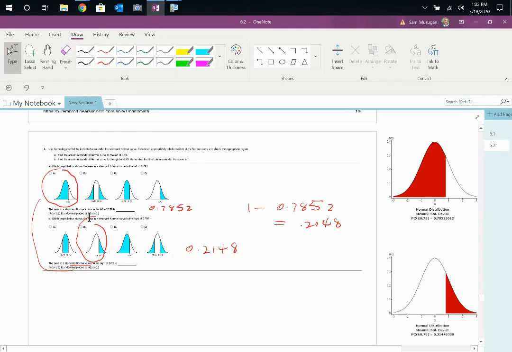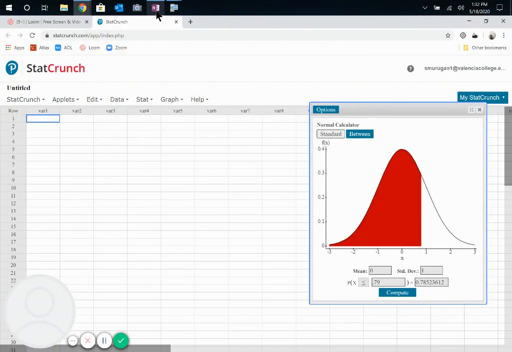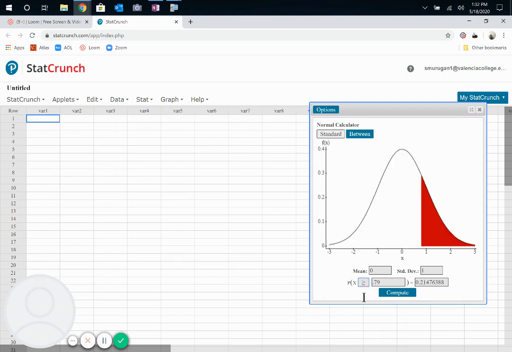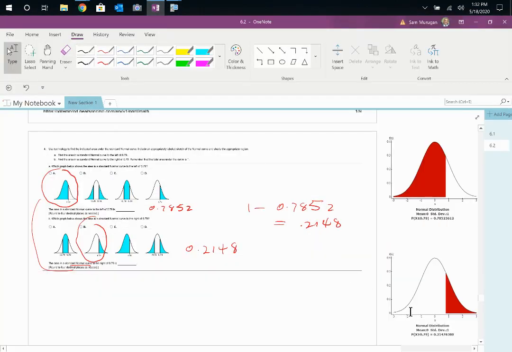Then if they're asking about to the right, all I would do now is go back to my StatCrunch program and flip the sign to greater than, and notice this is 0.2147. I copied and pasted that into the notes for you.